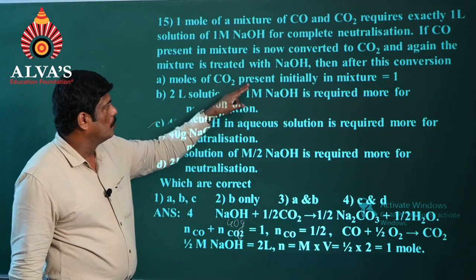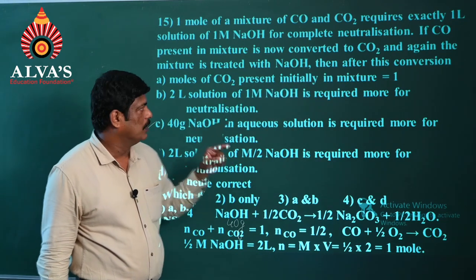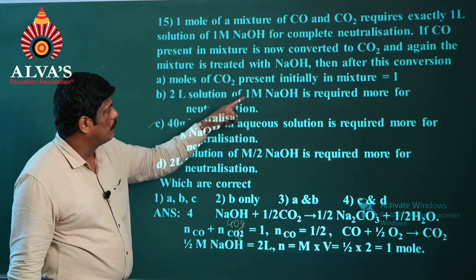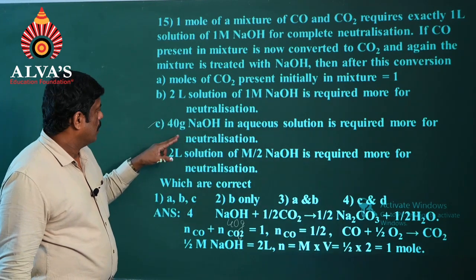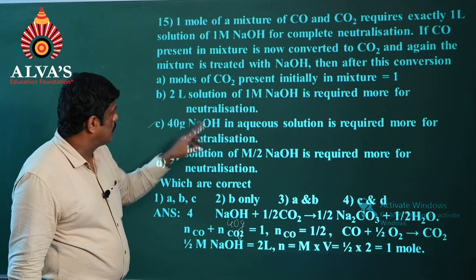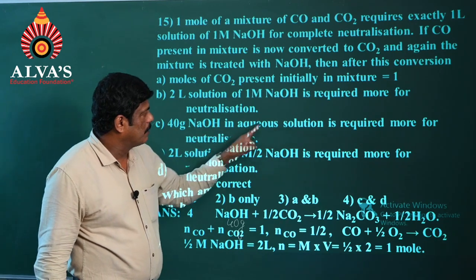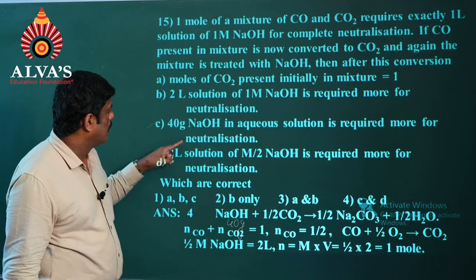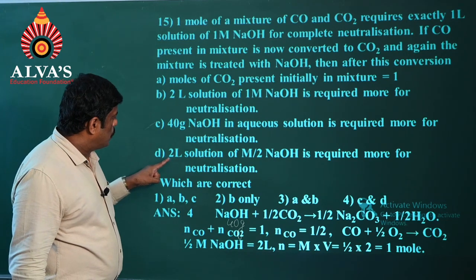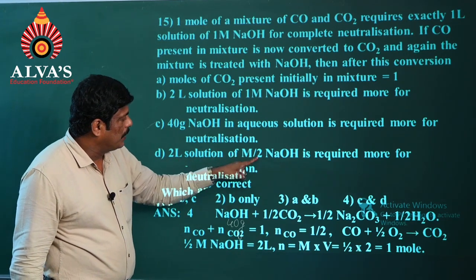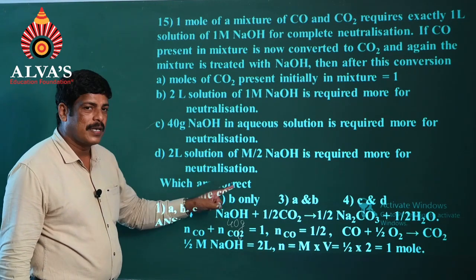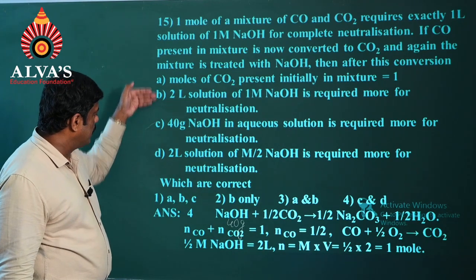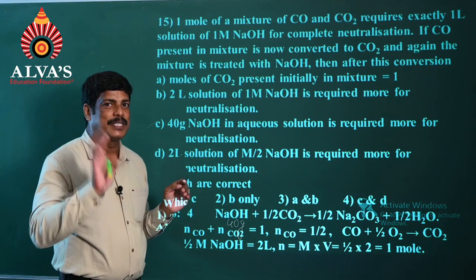Moles of CO2 present initially in the mixture is 1. 2 liter solution of 1 molarity NaOH is required more for neutralization. 40 gram NaOH in aqueous solution is required more for neutralization. 2 liter solution of M/2 NaOH is required more for neutralization. Which are correct? We have to identify the correct statement among these 4 statements.